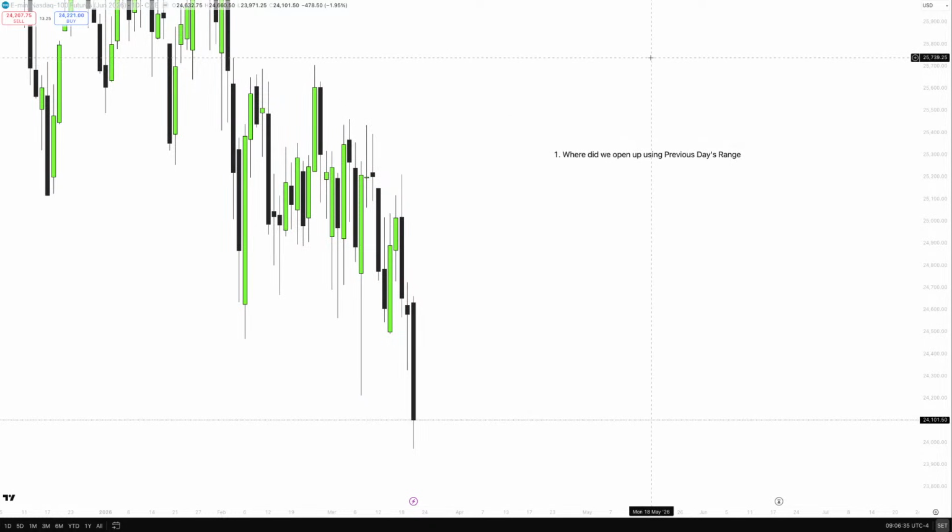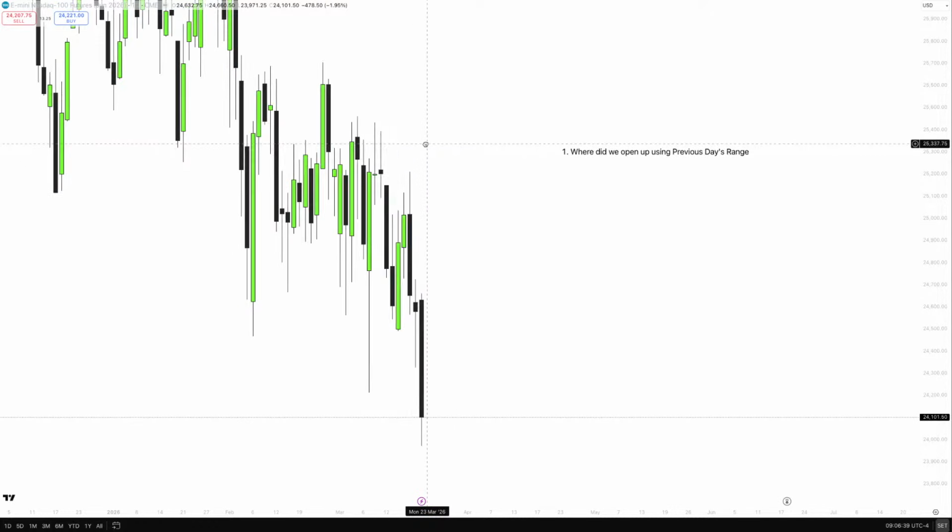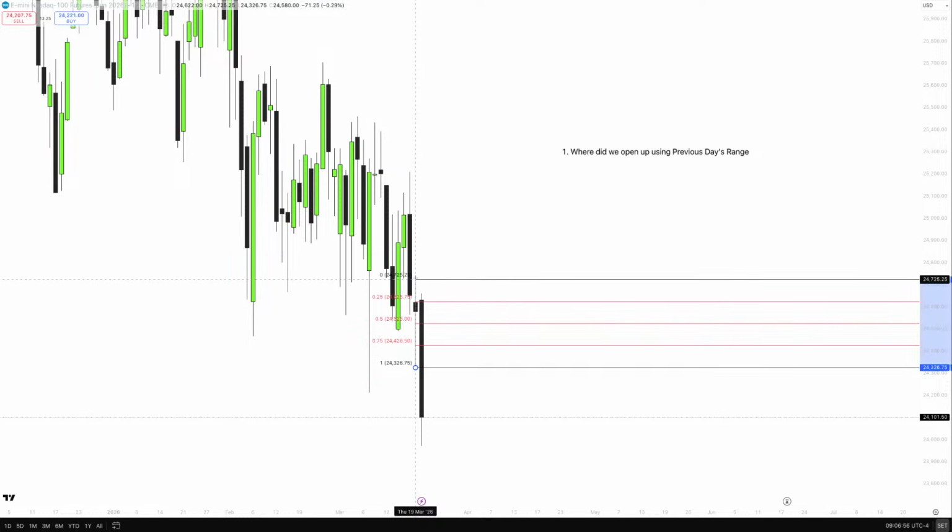What I'm doing on the chart is, let's say, for example, in this case, yesterday, if we have the day before, so in this case, Thursday, then I will take the Fib retracement tool and measure the previous day's range.